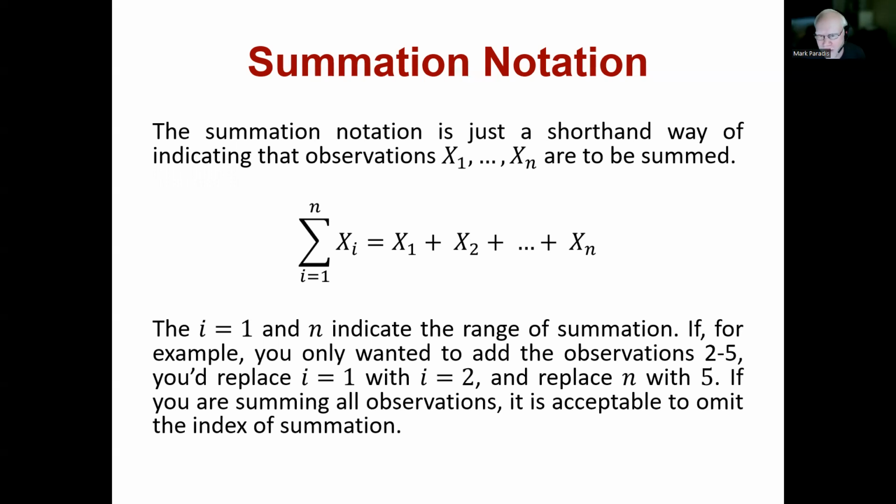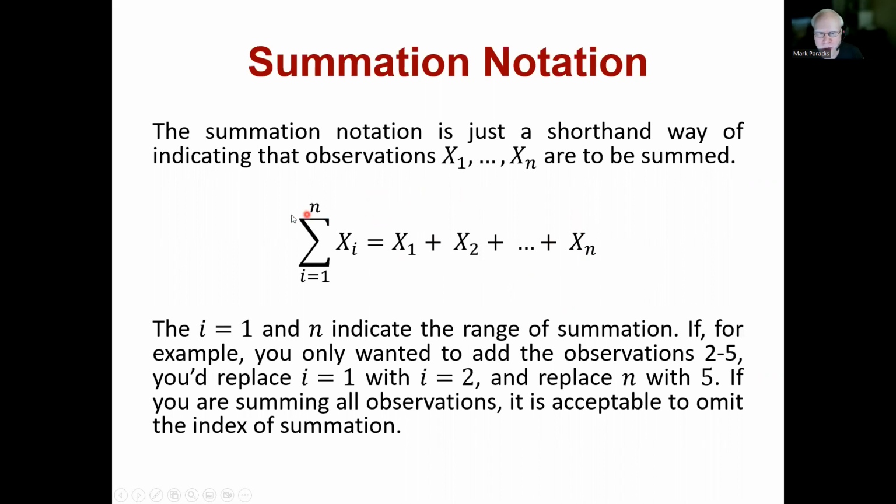Now you could just do, on the right side of the equal sign here, X1 plus X2 plus ... through Xn. That's one way of simplifying a long series, but it's not particularly elegant.